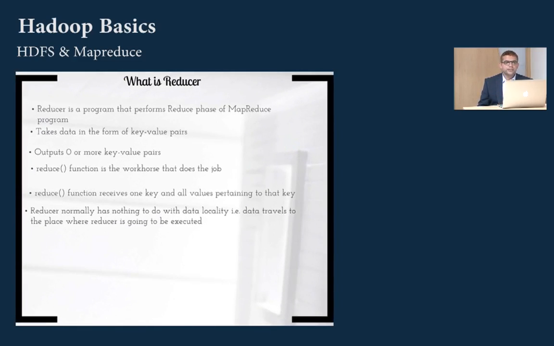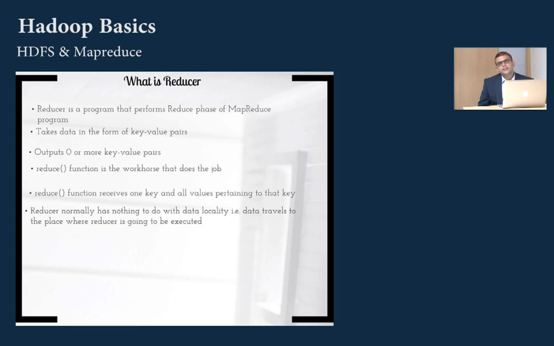A bit about the reducer. A reducer is a program that performs the reduce phase of the MapReduce program, takes data in the form of key value pairs, and outputs 0 or more key value pairs. It's the reduce function that's the real workhorse that does the job. The reduce function receives one key and all its values pertaining to that particular key.